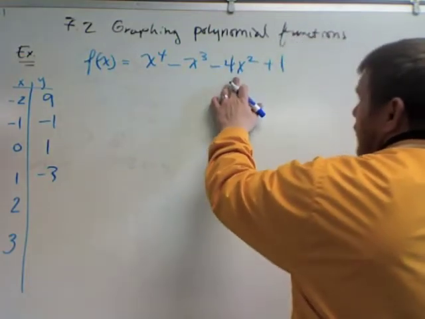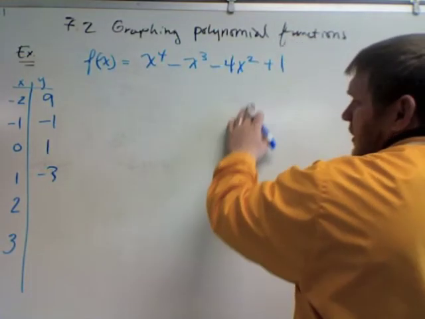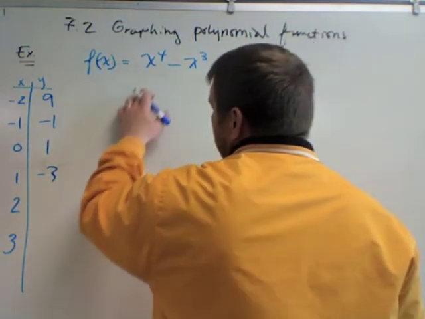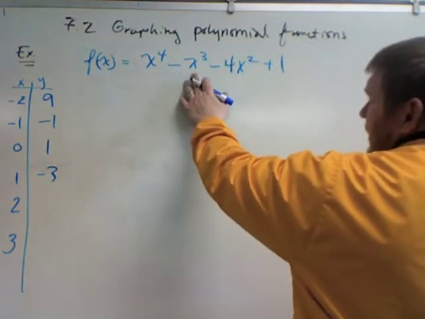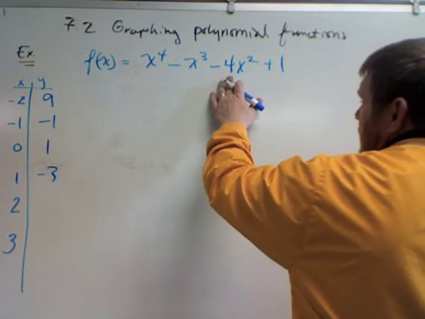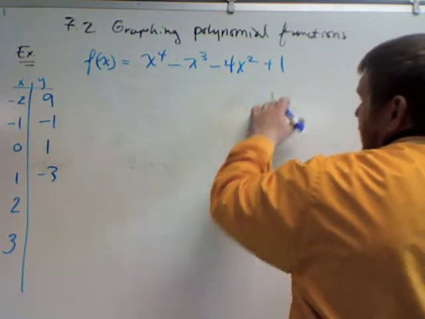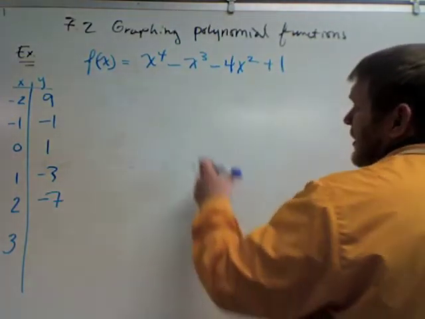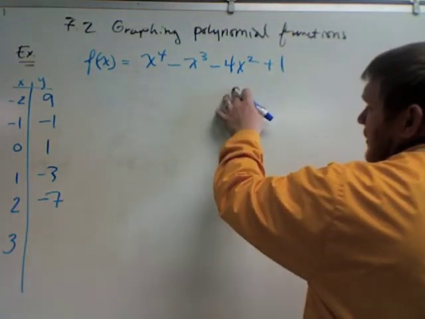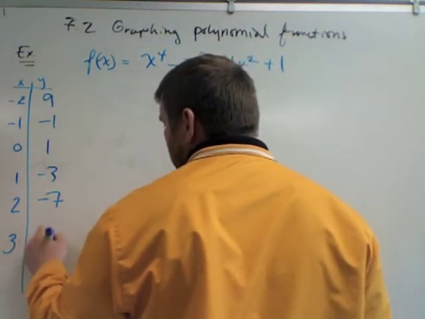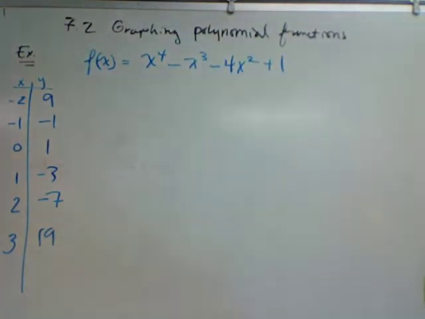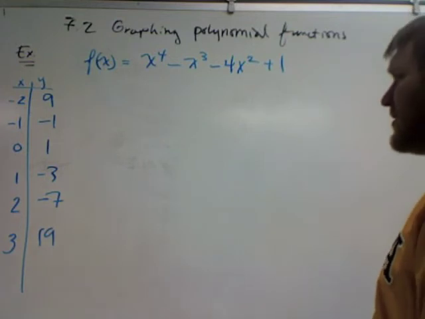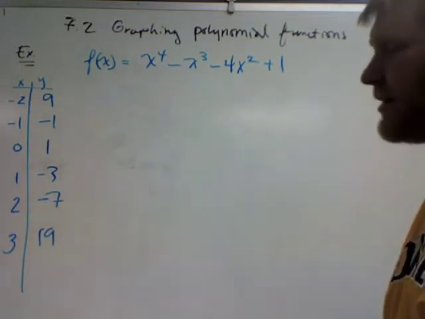I plug 2 in, I'm going to get 15, 8, negative 7. 3 I plug in, I end up getting 19. So there's some values that I am getting, and I get those mentally. But if you can't do that mentally, make sure you show your work and get the correct value.